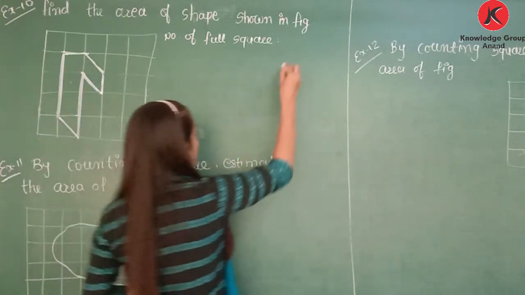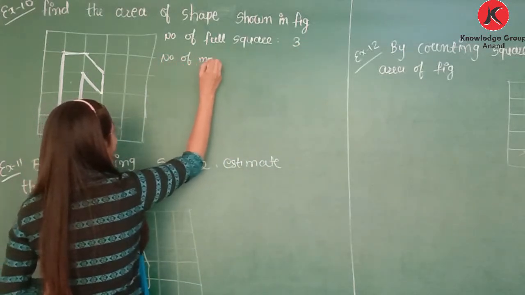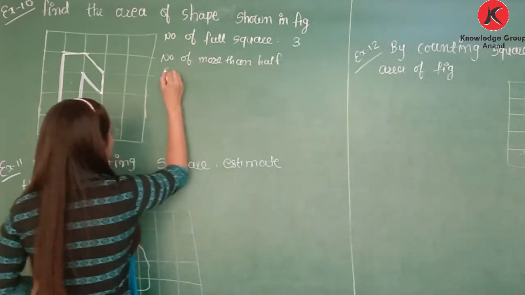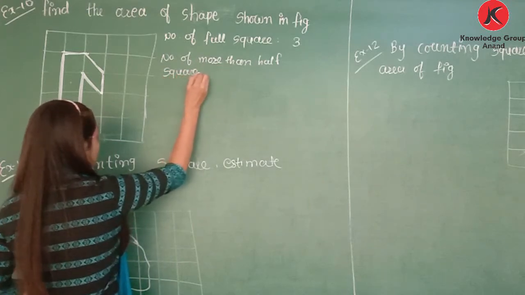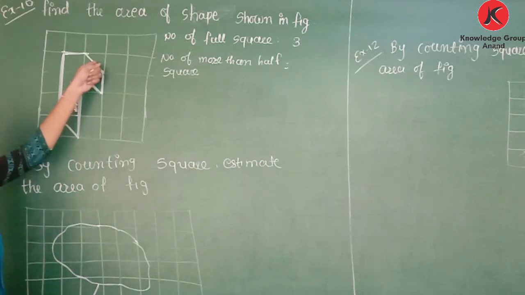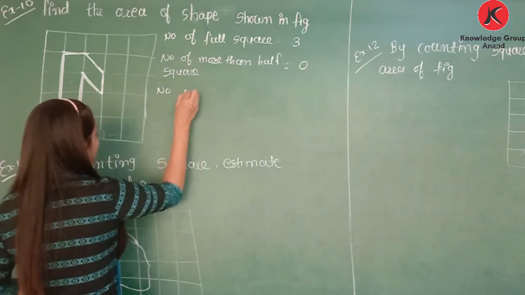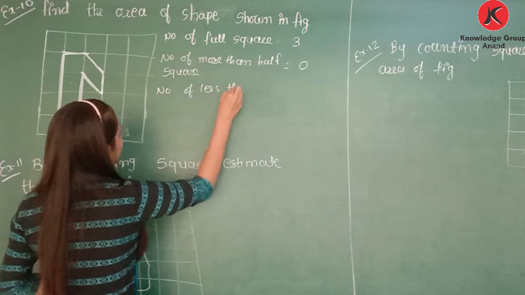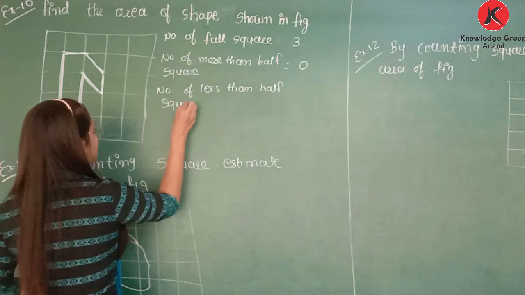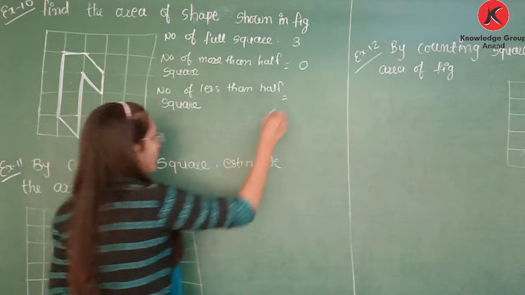So number of full square is 3. Number of more than half square. So how many number of more than half square? So there is no more than half square, that's why it is 0. Number of less than half square. So there is again no less than half square, that's why it is 0.